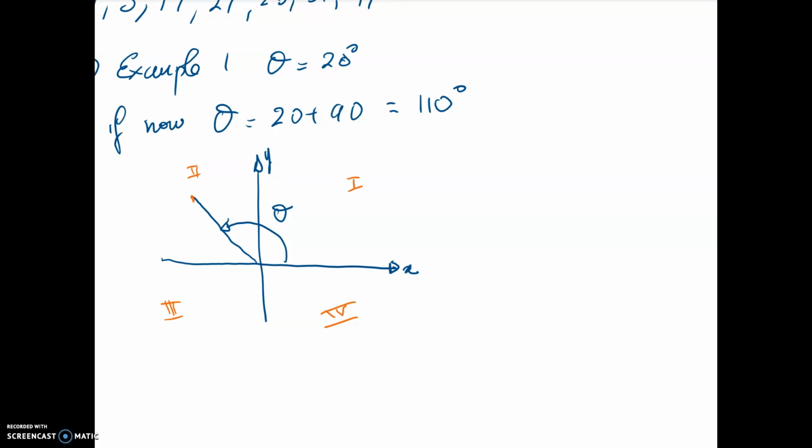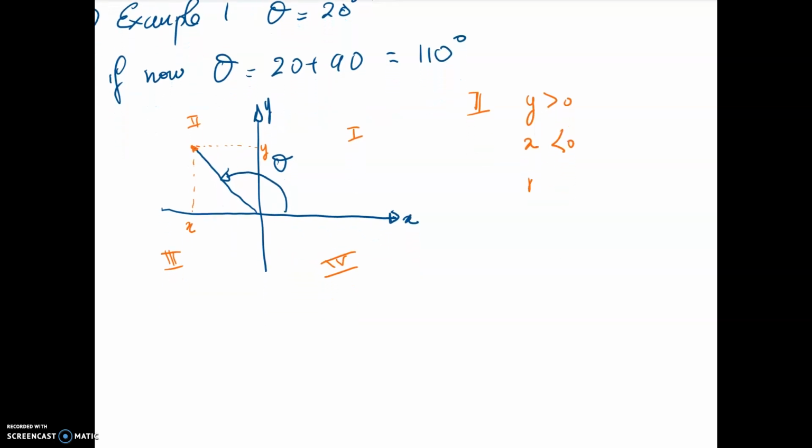Let's call this the terminal side, and this terminal side is defined with a value of y right here and a value of x right here. When I am in quadrant 2, like in this example, y is positive and x is negative. You will always have r positive because r is the square root of x squared plus y squared, and r will always be positive.